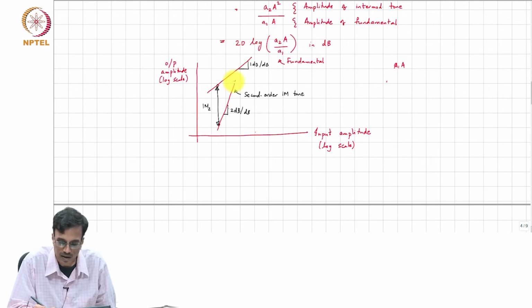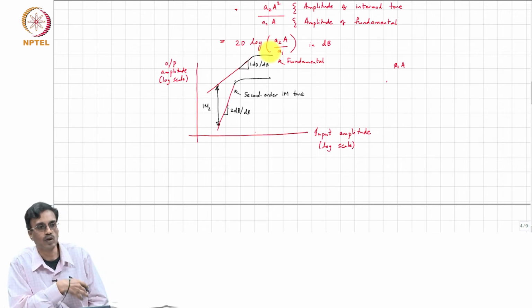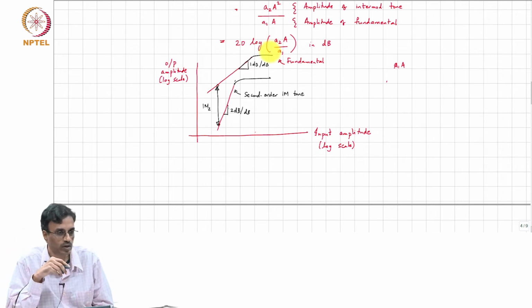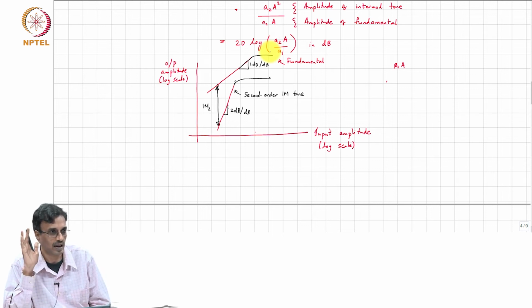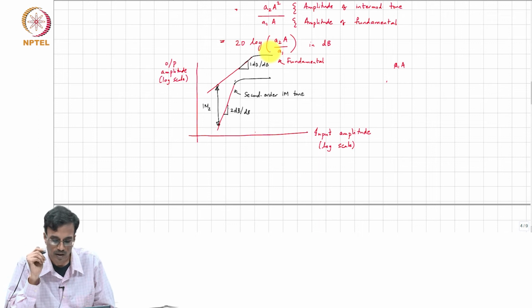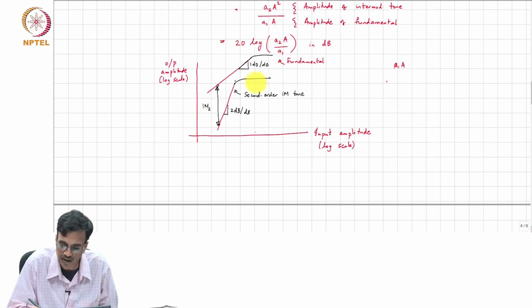It will saturate like this, and likewise with the fundamental also. Just because it says A1 A doesn't mean that you can put 100 volts into a small amplifier and expect the output to be 10 times 100. So these are regions where weak nonlinearity is no longer valid.